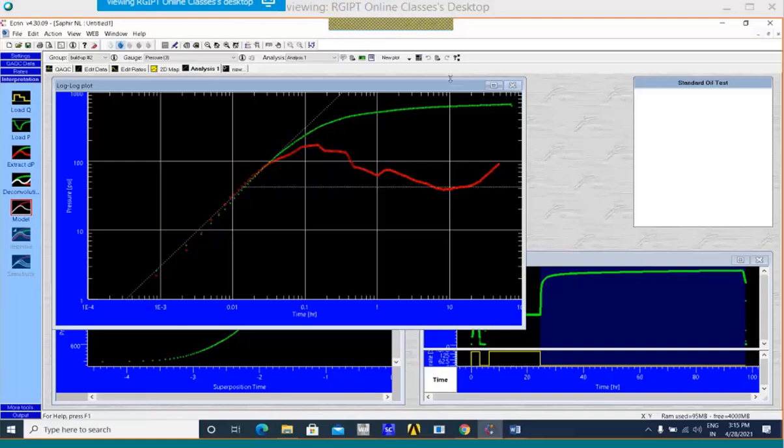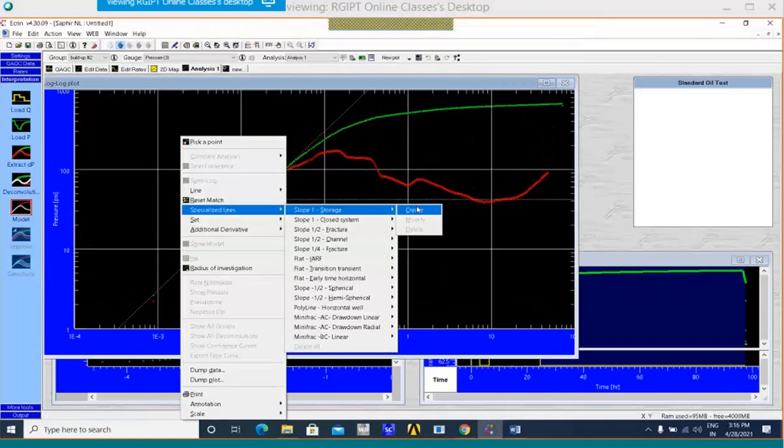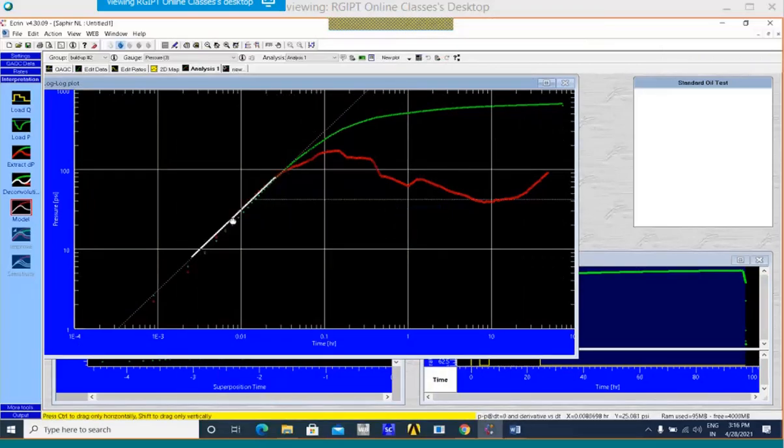In this, I can clearly say that there is pure wellbore storage. But after that, let us confirm this also from the storage line. So you can see wellbore storage is there. Then I have to make guesses here because this line seems to me like it can match with the spherical flow.